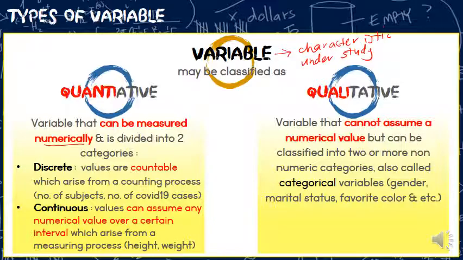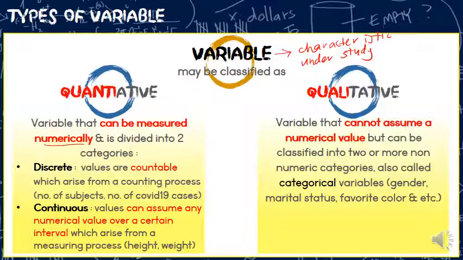Okay, discrete quantitative ini adalah variable yang berbentuk whole number, nombor bulat. Okay, biasanya you dapat discrete quantitative variable apabila you kira, counting. For example, how many subject you took last semester?